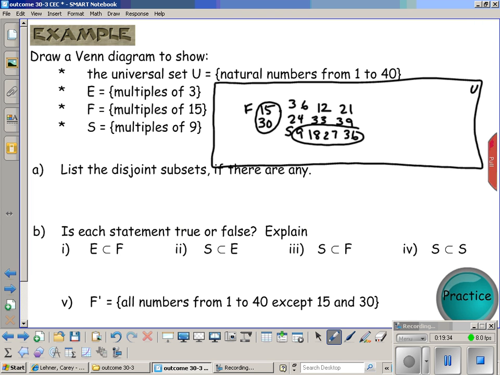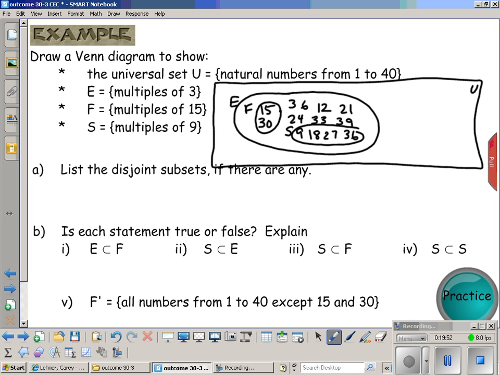Notice, everything that got put in set F and everything that got put in set S were also multiples of 3. So those sets have to be inside our circle or our oval E.